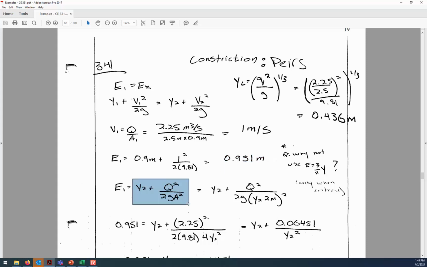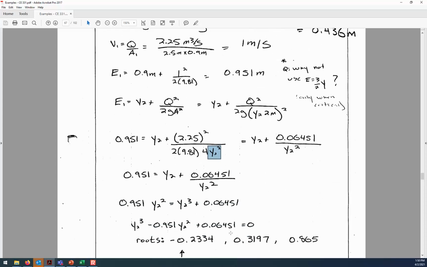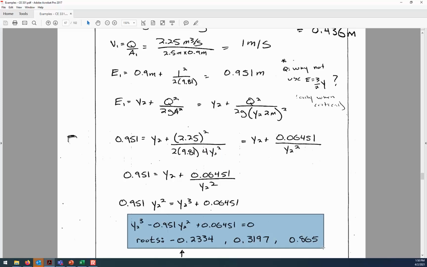We're going to say all of that goes into the specific energy downstream after the constriction, and it's going to be distributed between the depth and the velocity head. And the unknown depth occurs both in the Y2 term and in the area term, which is down in the denominator. So we rearrange that into our cubic equation and find 3 roots, 3 solutions to that equation.